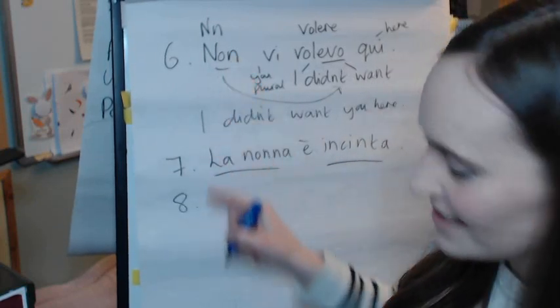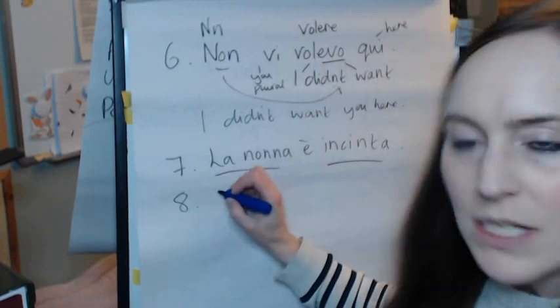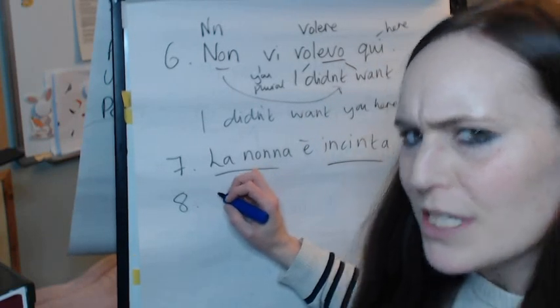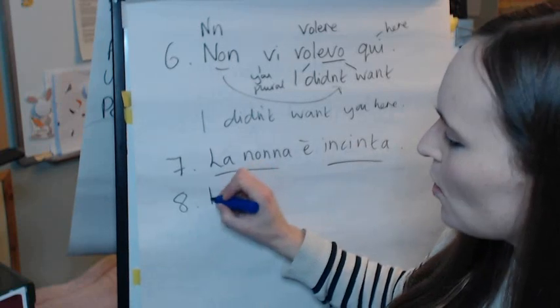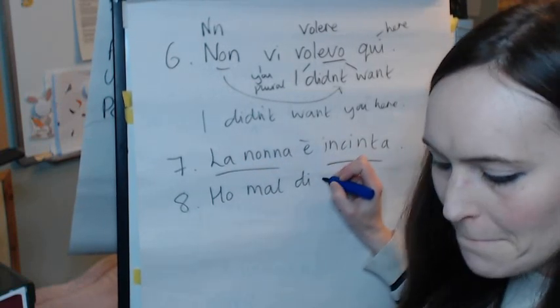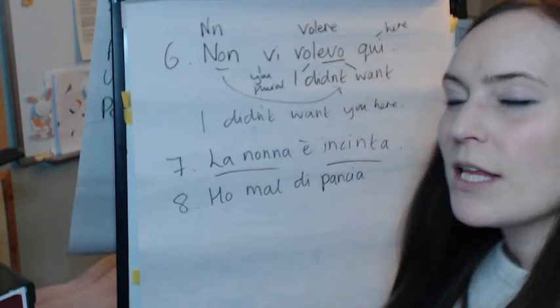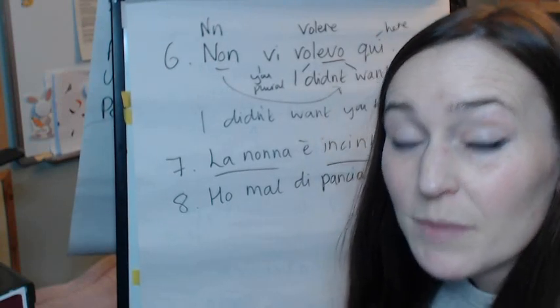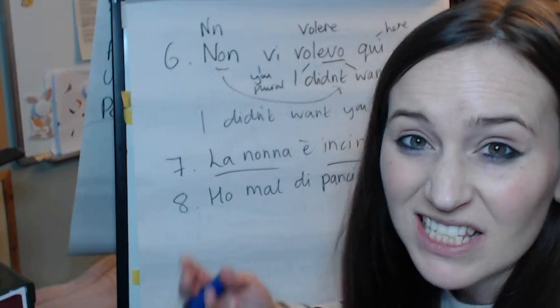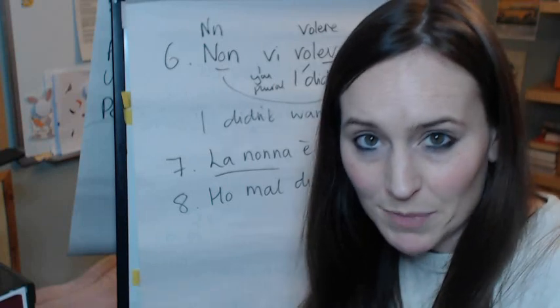Number 8, let's see, 6, 7, 8. Done that one. Okay. This one is also something you probably don't want to hear when there's a group of people together. Ho mal di pancia. Now, lo stomaco is the stomach, but la pancia is like a belly, right? So think of pancetta, like belly pork.